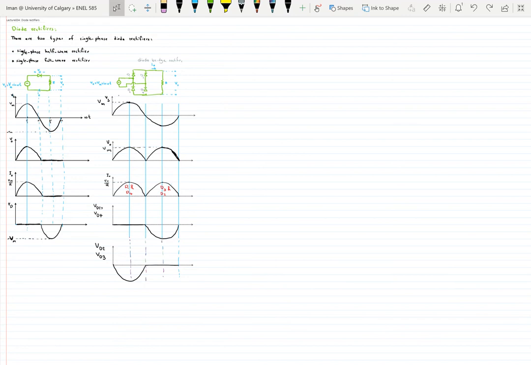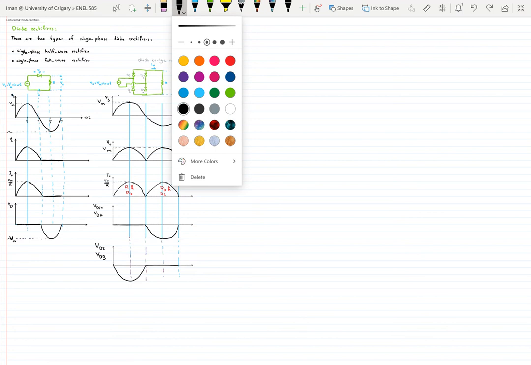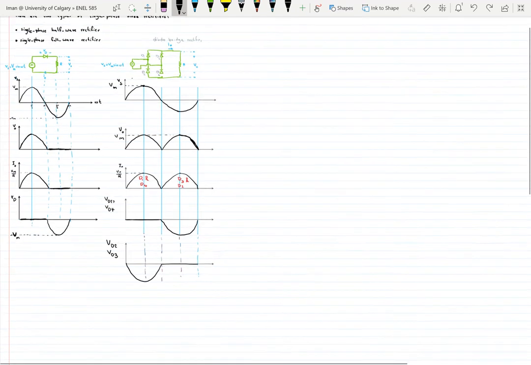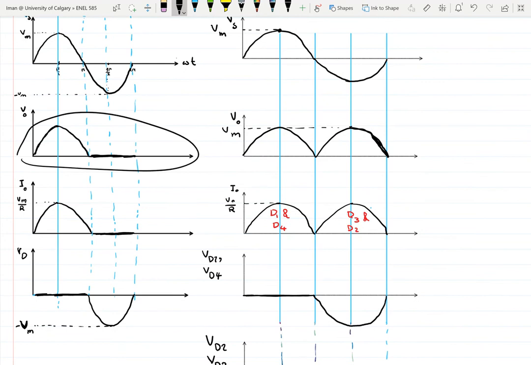So let's look at the average voltage, or the DC voltage of the output. So V out average over one line cycle would be VDC, and we're basically finding the average voltage of this graph here.